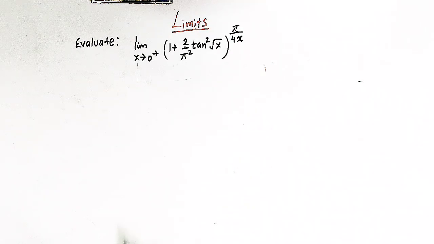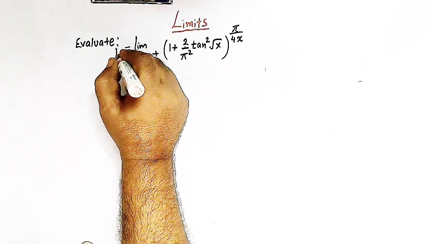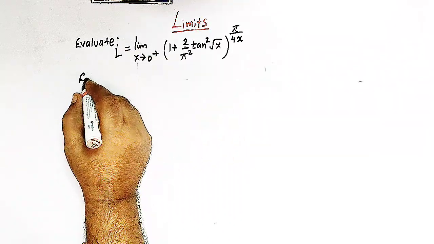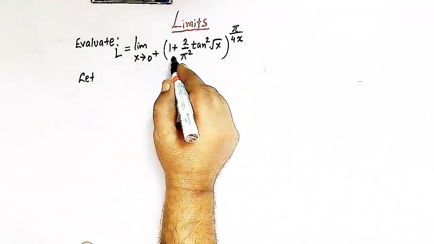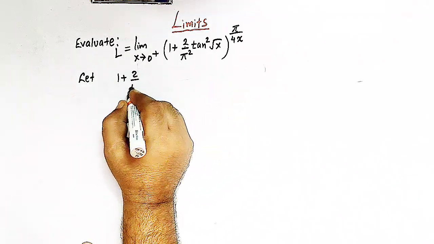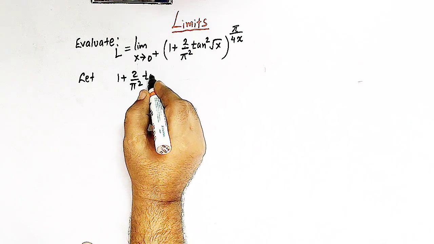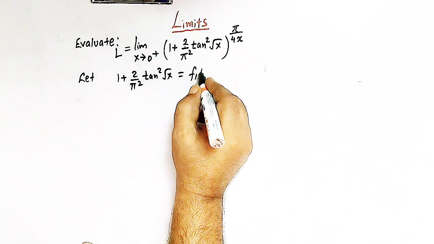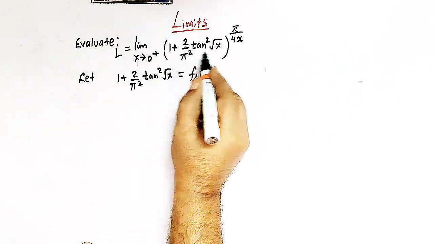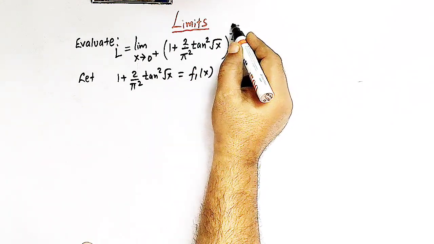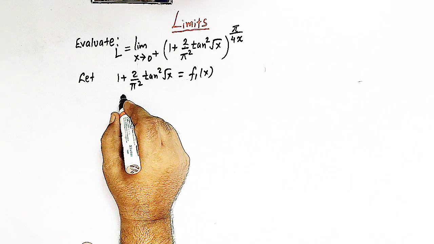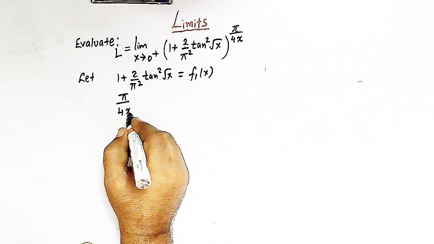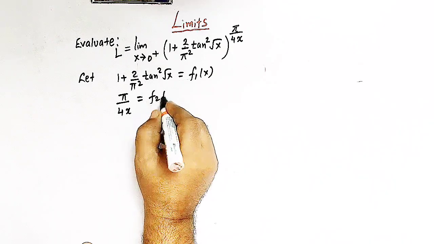So let us start and let us call this limit as L. Now here we'll first assume that this function, that is 1 + 2/π² tan²√x, is f1(x). So let us assume this function as f1(x) and this function as f2(x), that is π/4x.